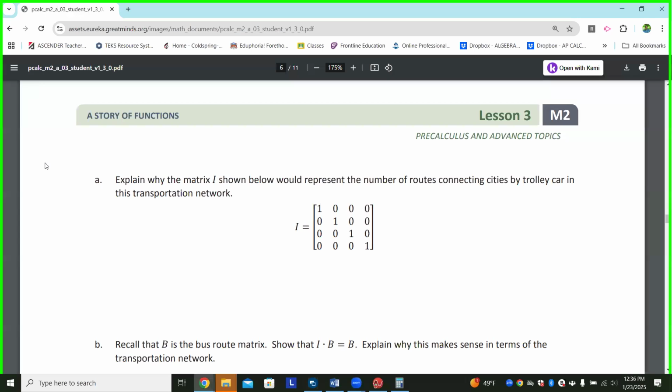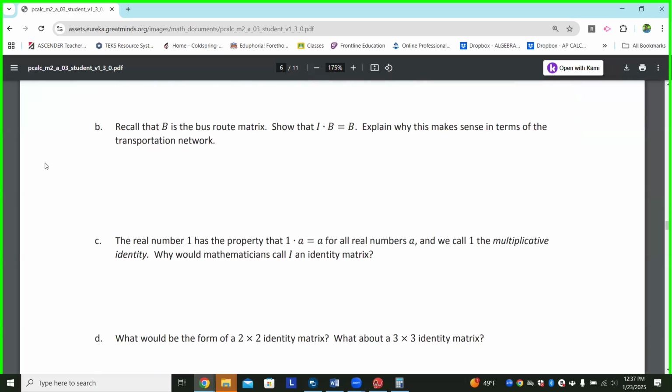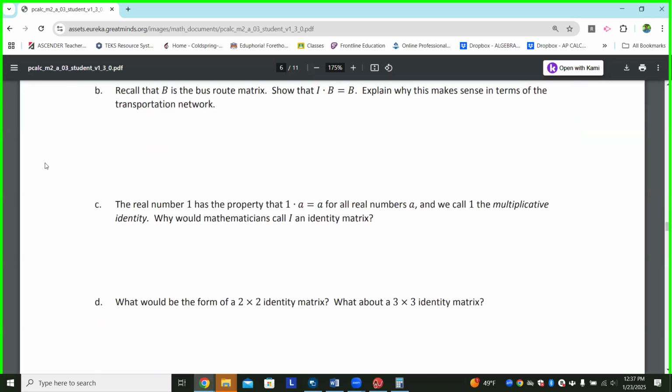So when we look at part B there, it says recall that B is the bus route matrix. So show that I times B equals B and explain why this makes sense in terms of the transportation network.